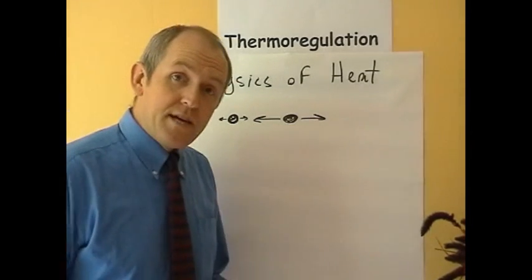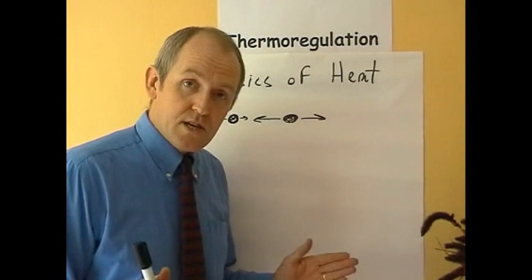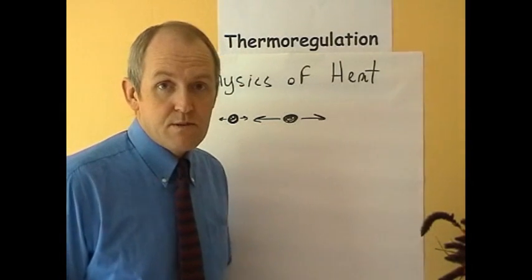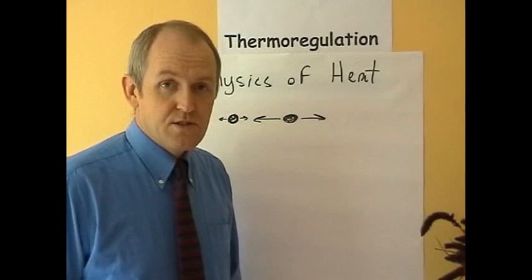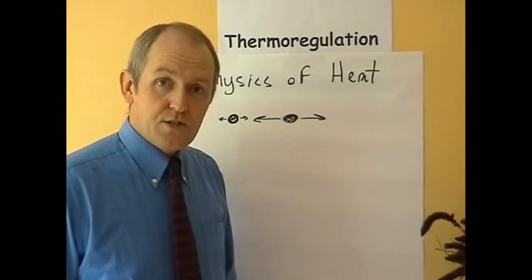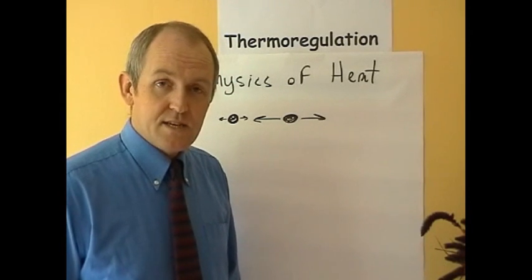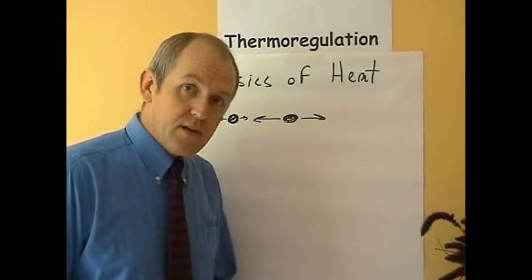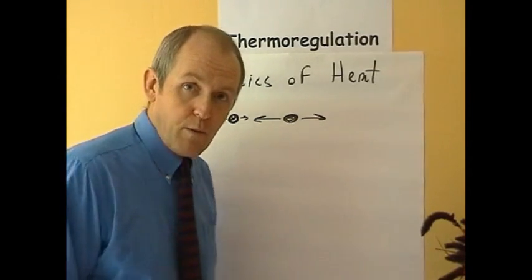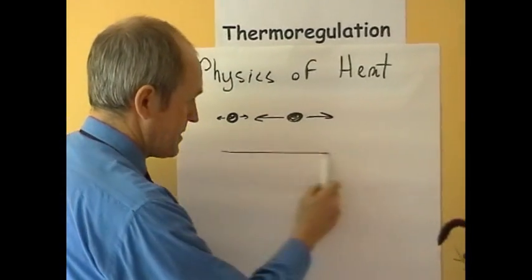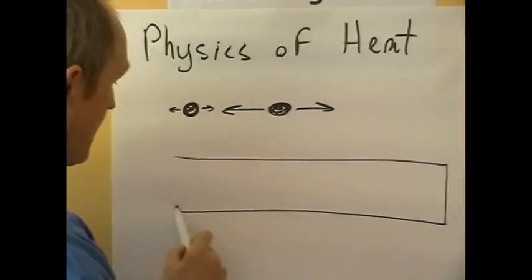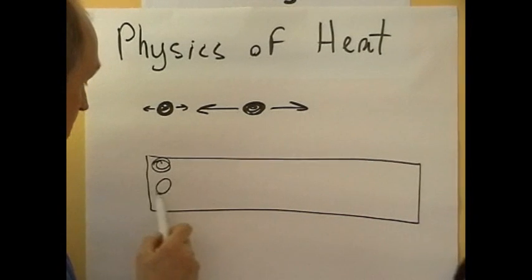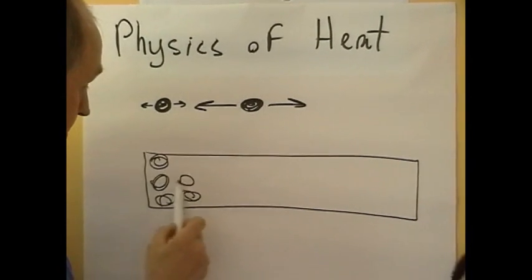And this actually explains why heat can be conducted through a conductor of heat. You might remember that some substances are good conductors of heat, such as metals. Other substances, such as wood and plastic, are poorer conductors of heat. But if you think about a strip of metal, for example, a strip of copper, then this is made up of individual copper atoms.